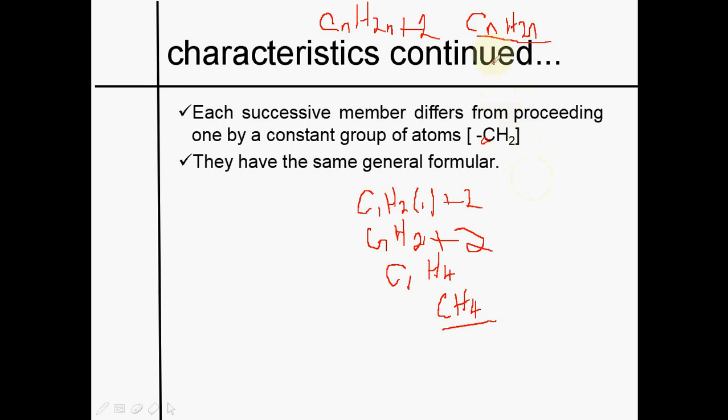So n will be 2, and where there's n we put 2: C2, 2 times 2 is 4, giving C2H4, and we call this one ethene.